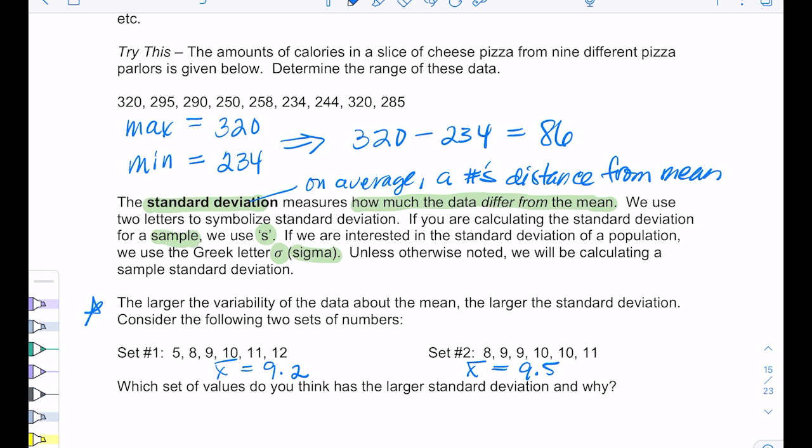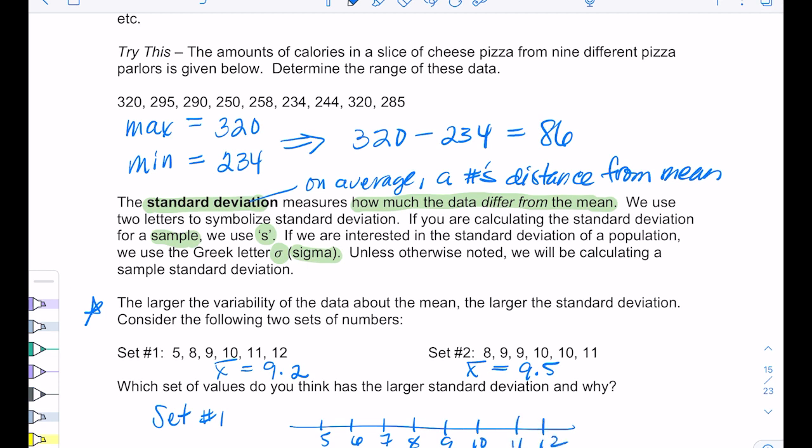So the averages are very, very close. But in which data set are the numbers varying or farther from the mean? If you said data set number 1, you would be correct. Because if you look at your numbers, think of like a number line where you have the numbers 5, 6, 7, 8, 9, 10, 11, 12.